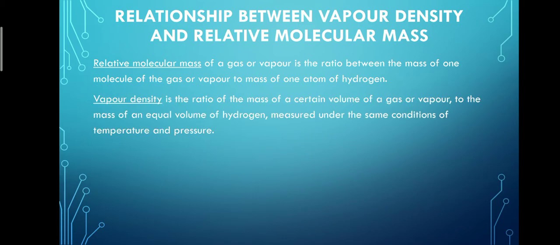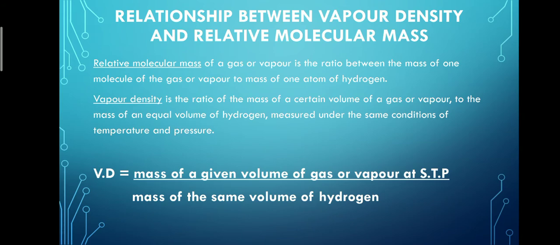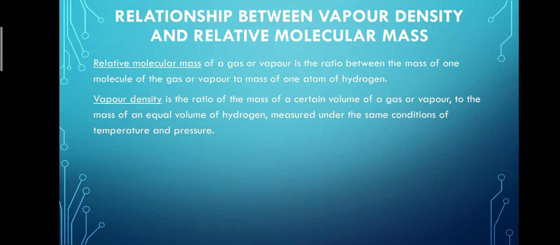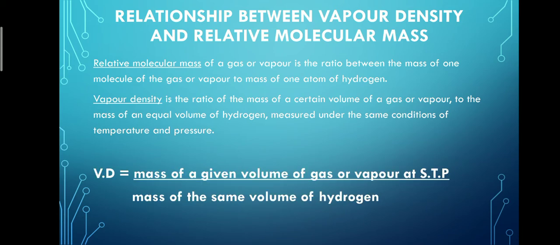And next, vapor density. It is also a ratio between the mass of a certain volume of gas or vapor to the mass of an equal volume of hydrogen measured under the same conditions of temperature and pressure. So we can write the vapor density as Vd equals the mass of a given volume of gas or vapor divided by the mass of the same volume of hydrogen.